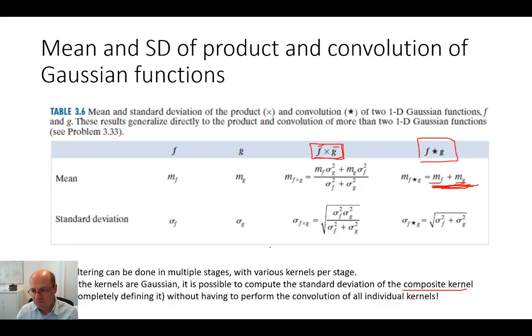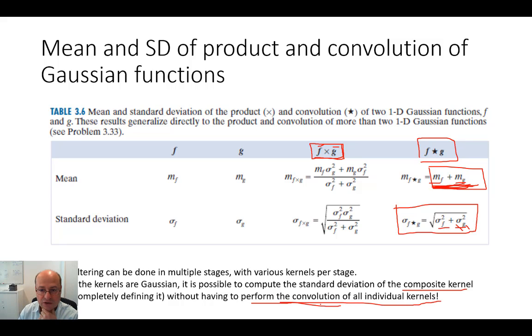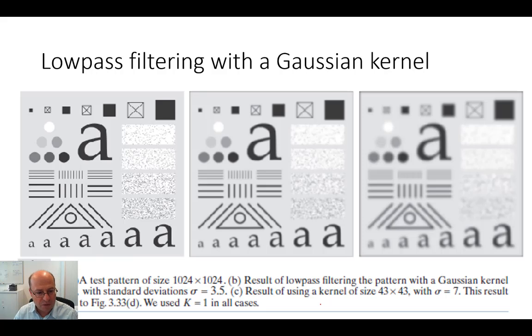You just sum the mean values of all the kernels, and you get the standard deviation, which is the square root of the sum of squares of the standard deviations, and you don't need to perform convolution on all individual kernels. You just need to apply convolution with one Gaussian kernel. That's nice, isn't it?